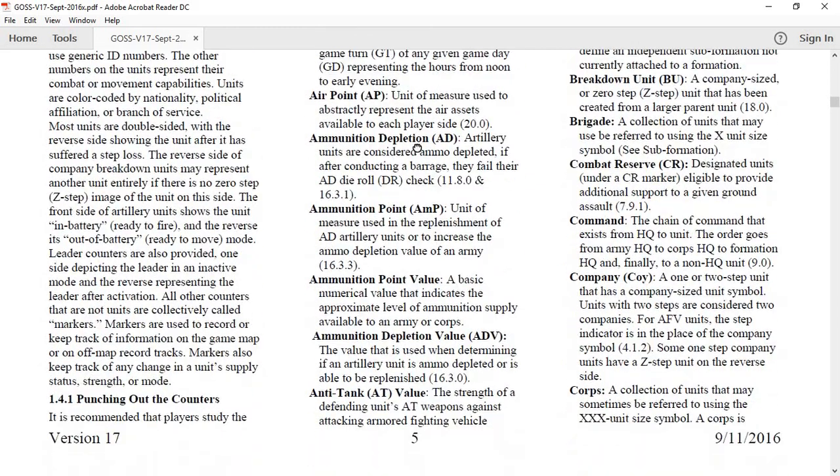Ammunition depletion, or AD. Artillery units are considered ammo depleted if after conducting a barrage they fail their AD die roll check. Ammunition point, AMP. Unit of measure used in the replenishment of AD artillery units, that is ammo depleted artillery units, or to increase the ammo depletion value of an army.